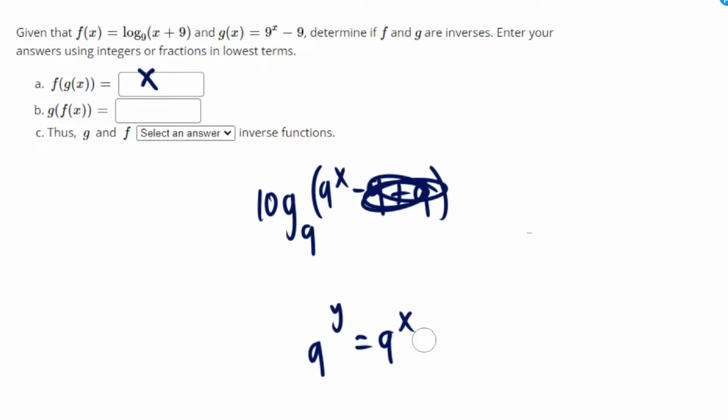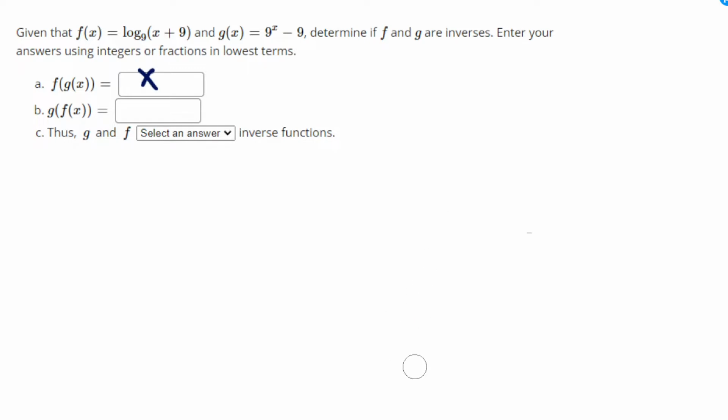So this will be x. And then we will do 9 to the log base 9 of (x plus 9) minus 9. Hold on, I'm trying to remember if you guys have learned that part. Because this will turn into x.